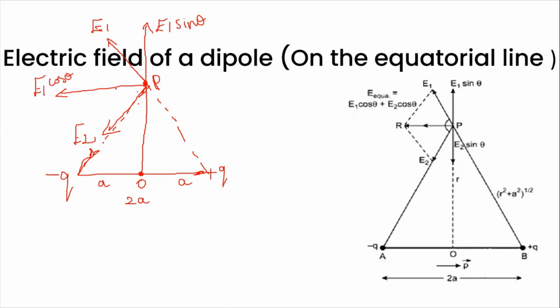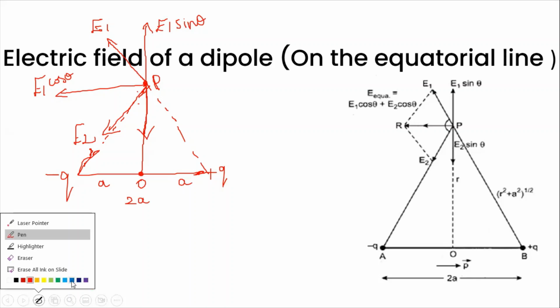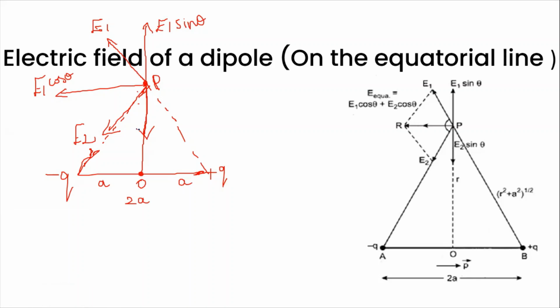Similarly, E2 will have a sine component in this direction and a cos component in this direction. So this is E2 sine theta and this is E2 cos theta.